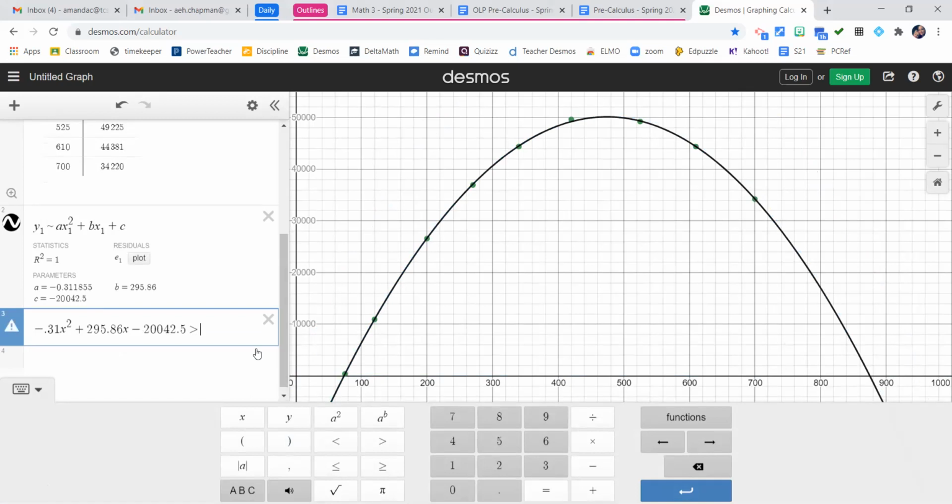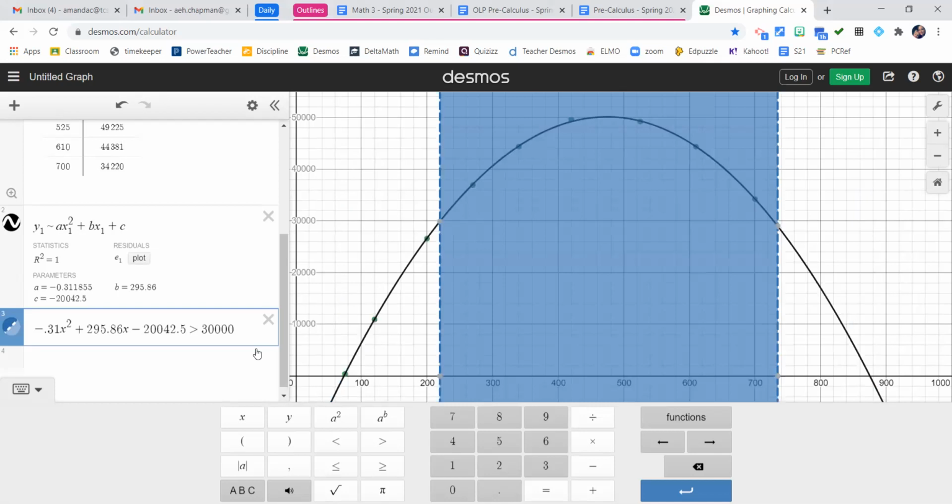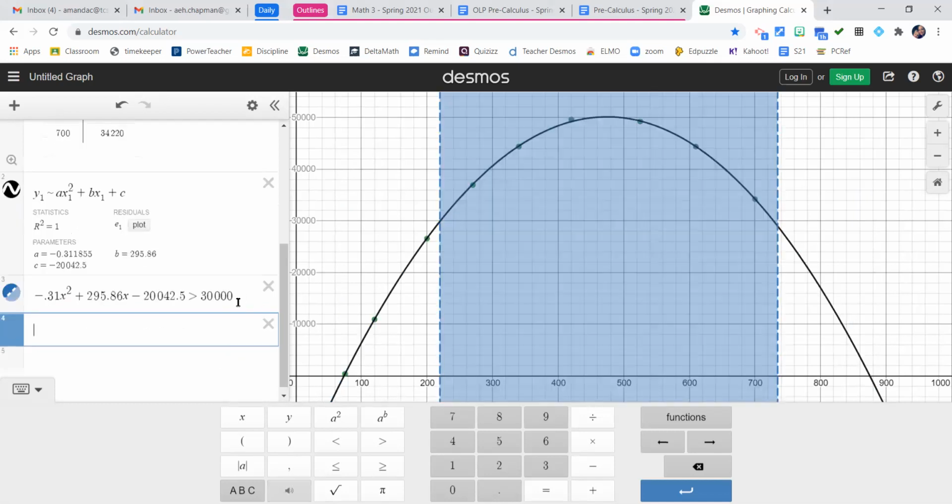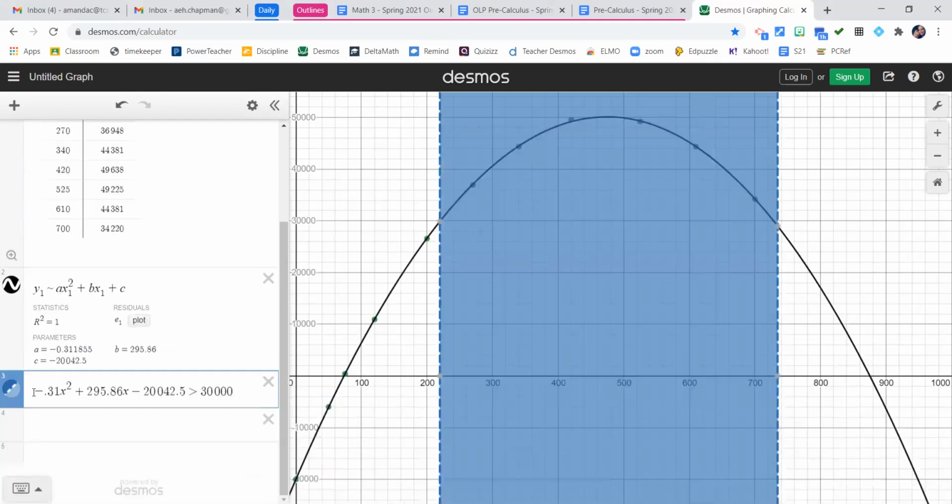It exceeds. So no, so just greater than 30,000. We want to know when it is better for her to do this than to keep doing the job she's doing. So that's the equation you would write on your paper.